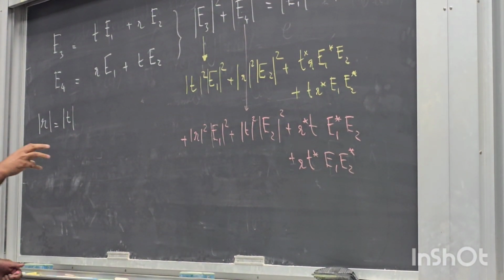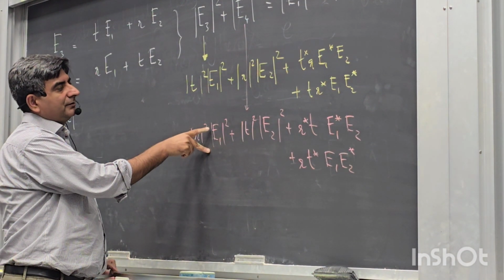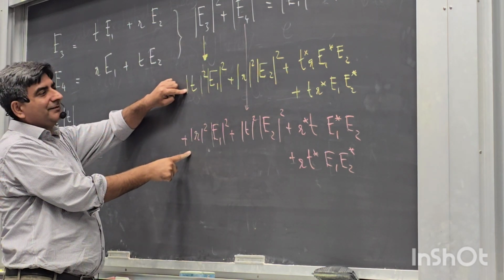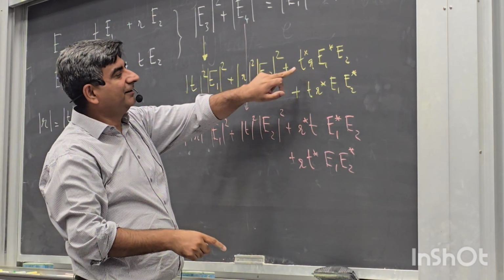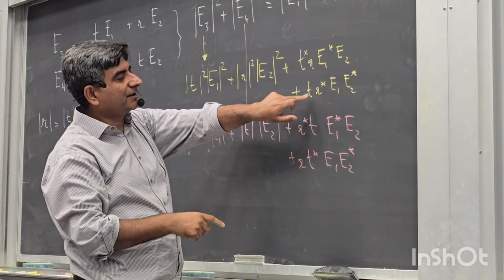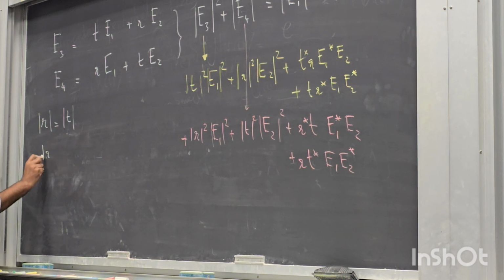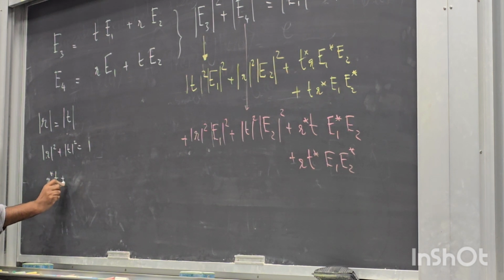Now if I look at the coefficients of |E1|², they imply that |R|² plus |T|² must be 1, and R* T plus R T* must be 0. Right? So these are the two conditions: |R|² plus |T|² equals 1, and R* T plus R T* equals 0.